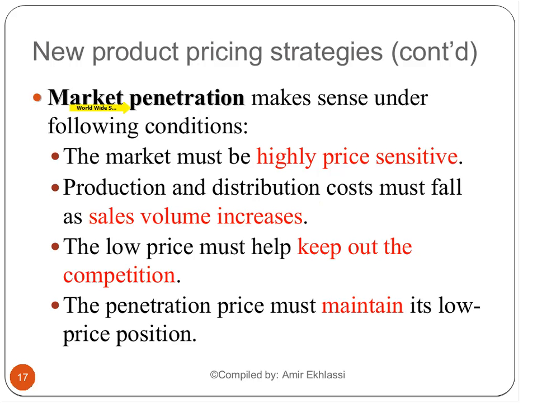And in many countries, even in some Nordic countries, Scandinavian countries like Sweden, Norway, Finland, the national income is very high. But even in these countries, Chinese products can penetrate the market because of the very low price.